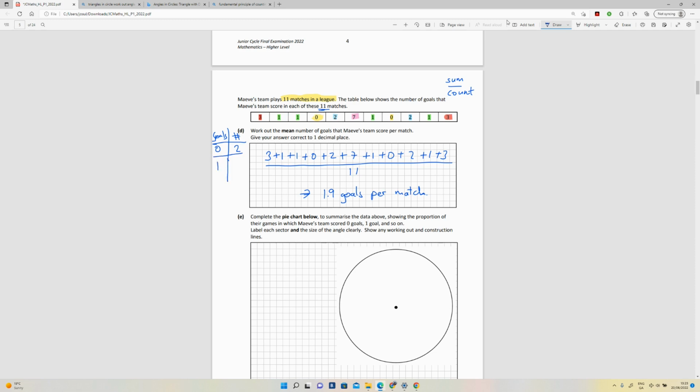For 1 goal, I've got 4. For 2 goals, I've got 1, 2. For 3 goals, I've got 1, 2. And for 7 goals, I've got the outlier, which is 1. Okay, these should add up. If I've collected them all, these should add up to 11. So 6, 10, 11. Yeah, that's fine.